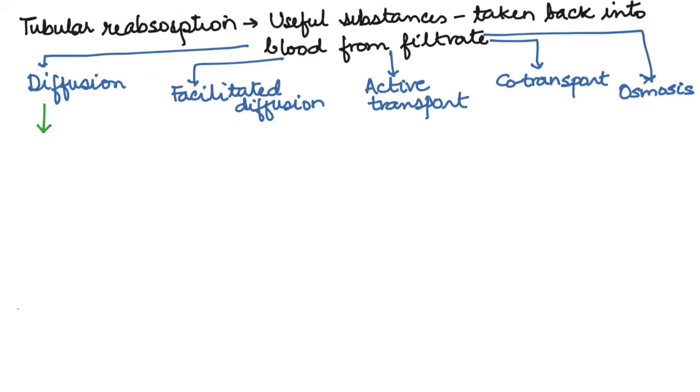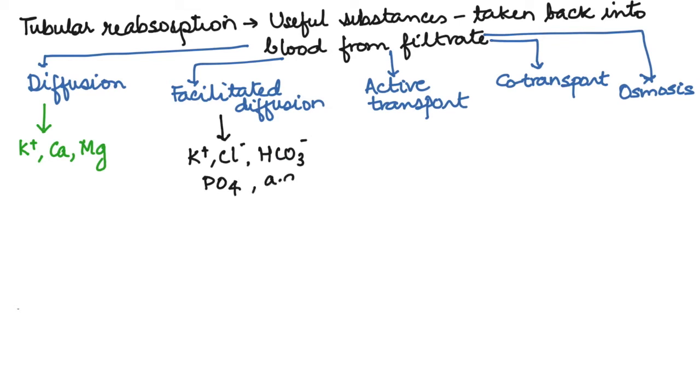Now let us see what are the substances that are reabsorbed in each of these ways. Direct diffusion happens of potassium, calcium and magnesium. Facilitated diffusion also takes place for potassium chloride, bicarbonates, phosphates, and also amino acids, glucose, and fructose. So, these require channels to move across into the cells.